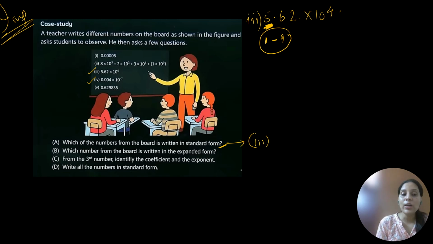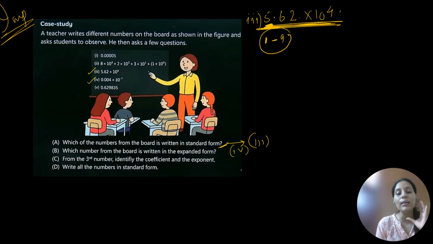Next one. Which number from the board is written in the expanded form? Expanded form, it's very clear. Option number 2, क्योंकि वो expanded form अभी हमने देखा है how to write in expanded form. From the third number, identify the coefficient and exponent. अब third number हमारा ये है. अब coefficient क्या है?